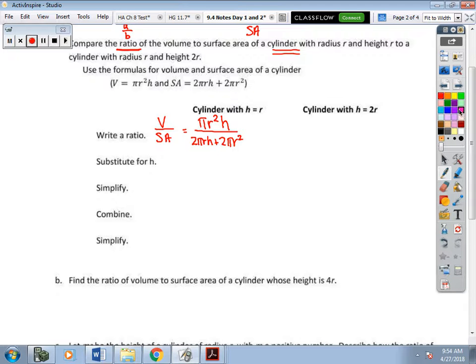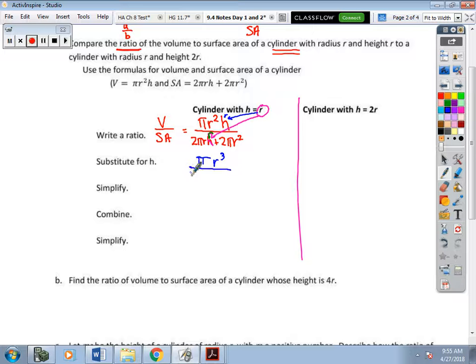And then we have two columns here. In this column, we're going to let the height be the same as the radius. So I'm just going to take r and plug it in for h. I will simplify that now. The numerator, I'll also plug it in here. So in the numerator, r squared times r is r cubed.